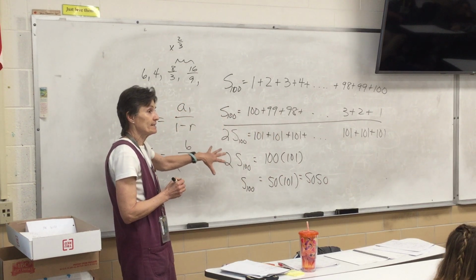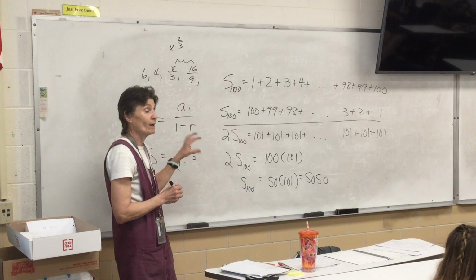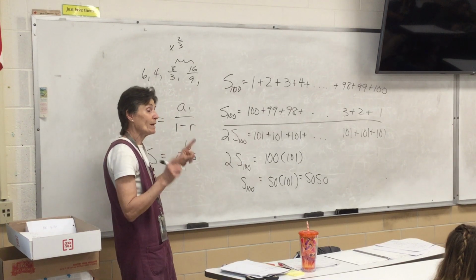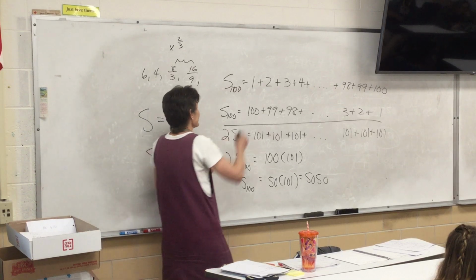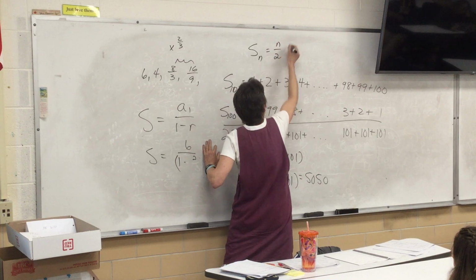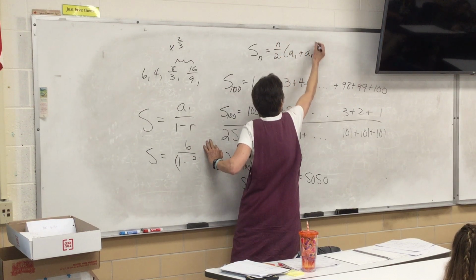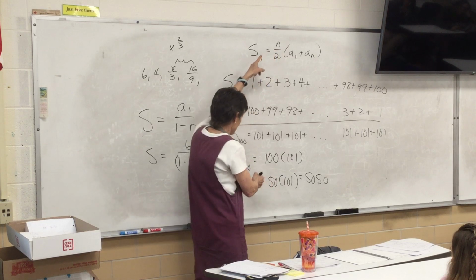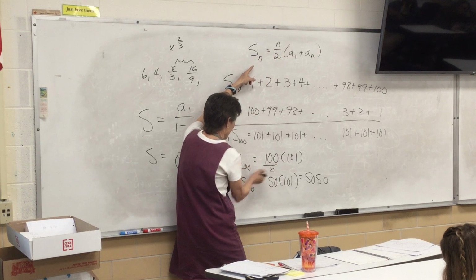Well, what that kid did, his name is Carl Friedrich Gauss, this is a true story, you can look it up, Google it. What he did was basically use or create the formula that we used earlier. Because n is the number of terms, so he took 100 and divided it by 2.